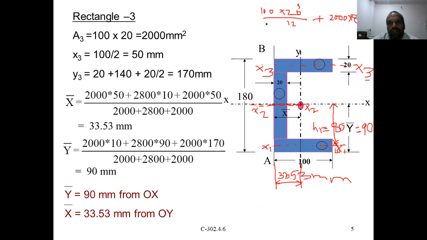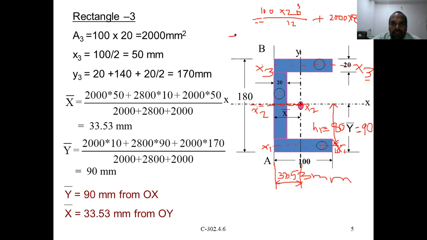That's all. This is the moment of inertia of figure 1 about the x-axis. Not section 1, it is figure 1, about the x-axis.